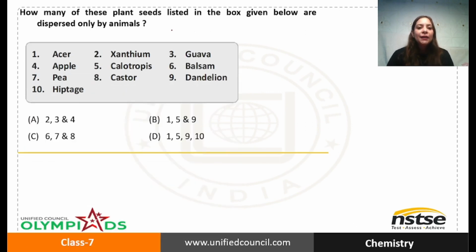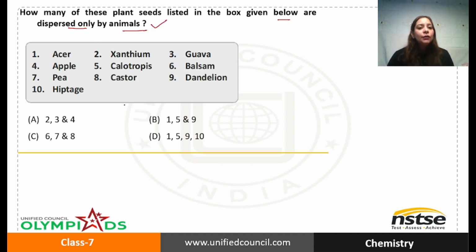How many of these plant seeds listed in the box given below are dispersed only by animals? Here you have a few plant seeds given, and we need to tell which of them are dispersed only by animals.